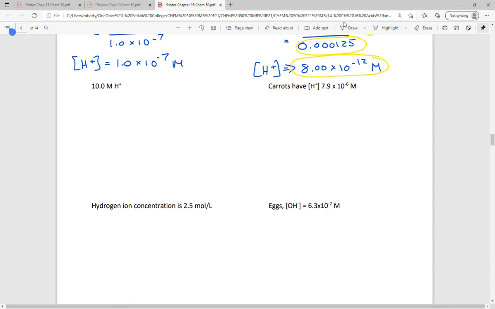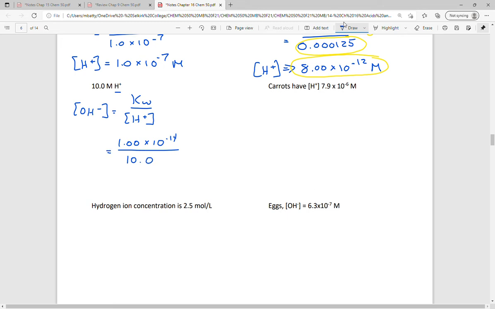And again, we're always using Kw. So in this one, we know our hydrogen, so we'd be solving for hydroxide ion concentration. Kw divided by the hydrogen ion concentration, 1.00 times 10 to the negative 14, divided by the 10.0 moles per liter.